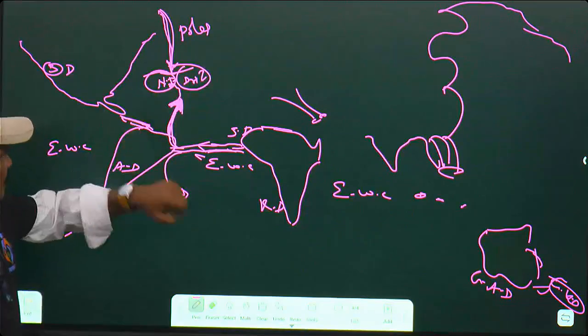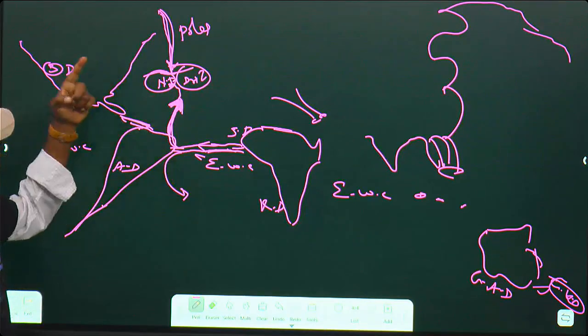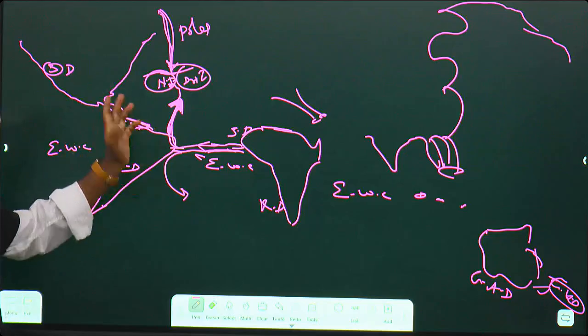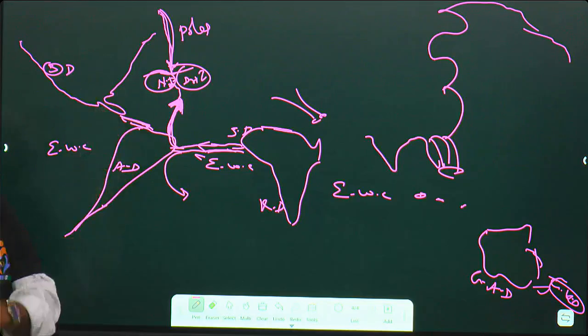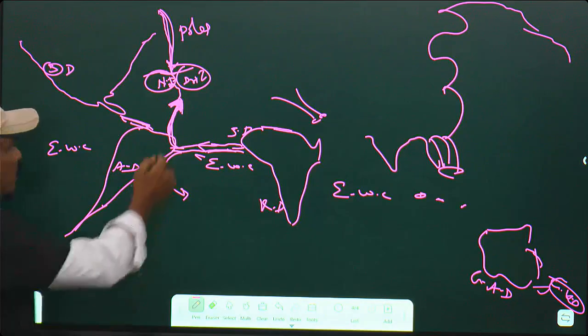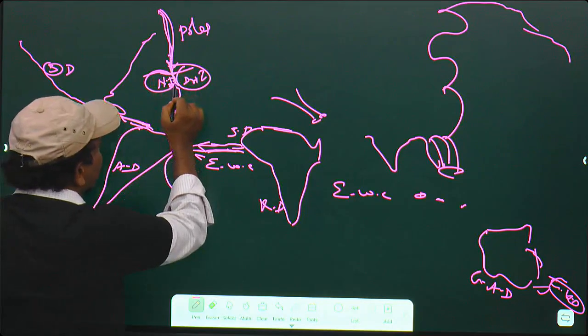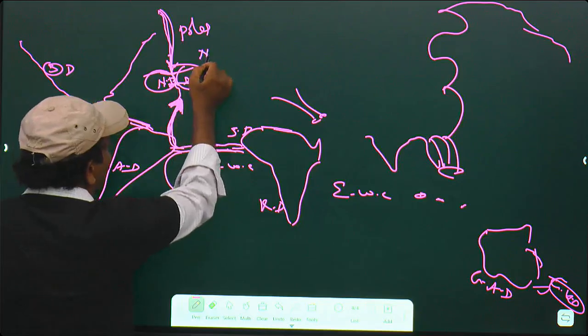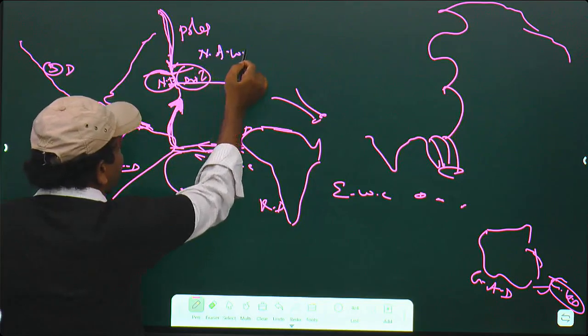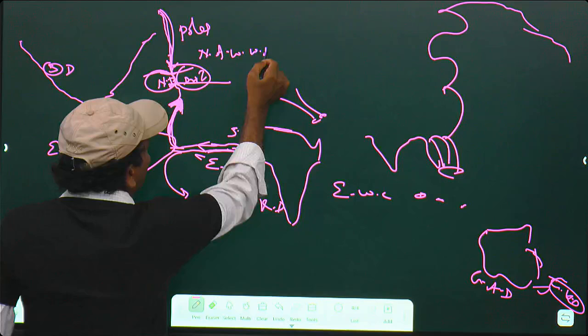Drift currents are nothing but currents originated due to the merging of a cold current and a warm current. So this is the North Atlantic west wind drift current.